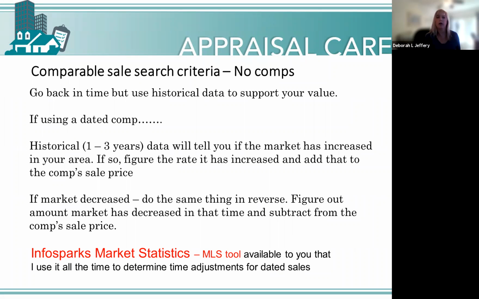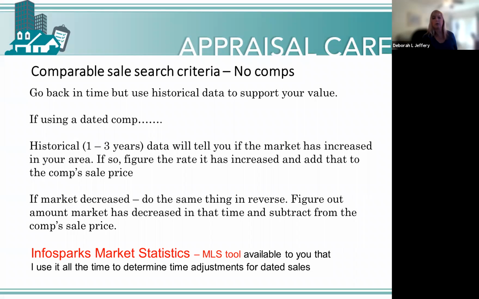So I was talking earlier about how sometimes I have to use comps I've gone back as far as 3 years. So we have to figure out, has the market increased? Has it decreased since then? And how I do this, and this is available to you guys too, it's a tool in the MLS. It's called Info Sparks Market Statistics.